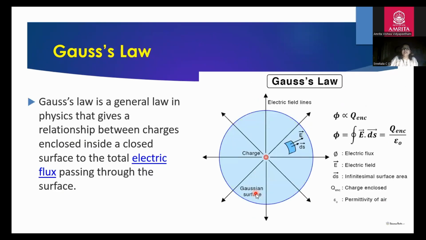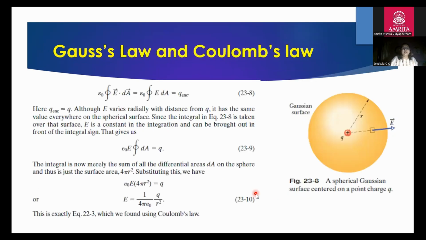Then Gauss law states that the total electric flux through a closed Gaussian surface is equal to 1 by epsilon 0 times the charge enclosed. This is a very, very important law. Using this, we can easily derive the equation for the electric field intensity at a point near a point charge, and also the electric field intensity due to a line of charge.